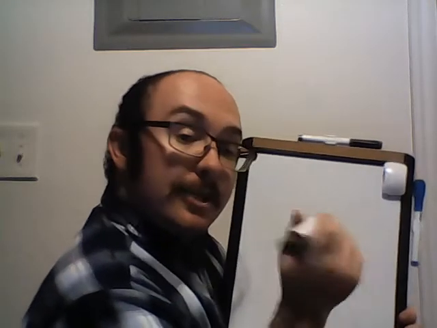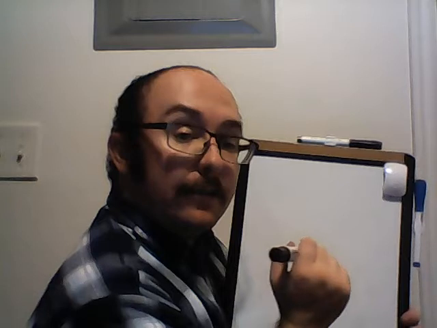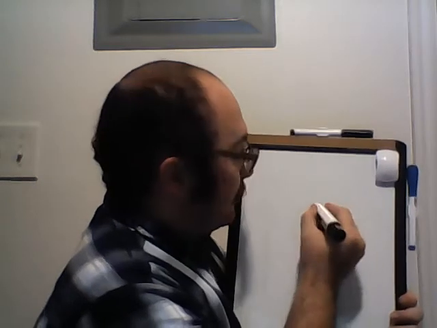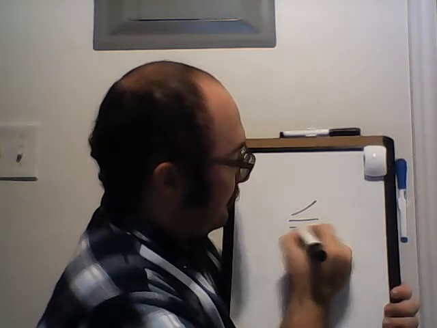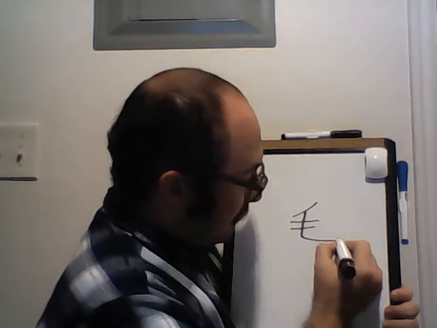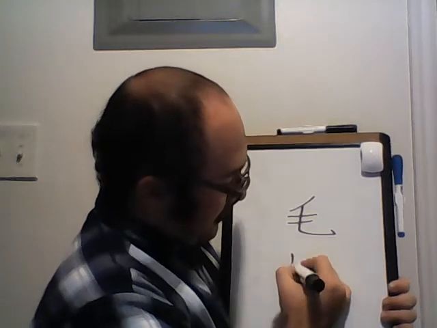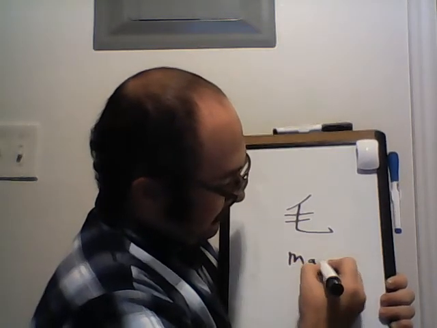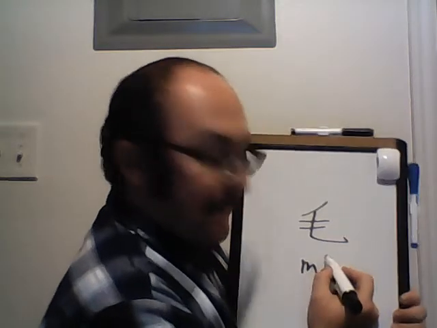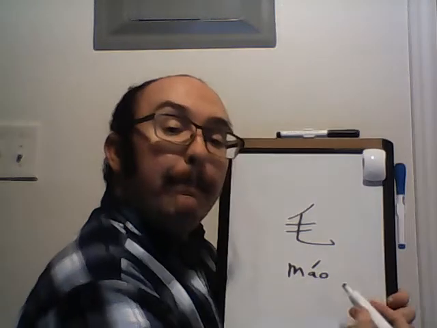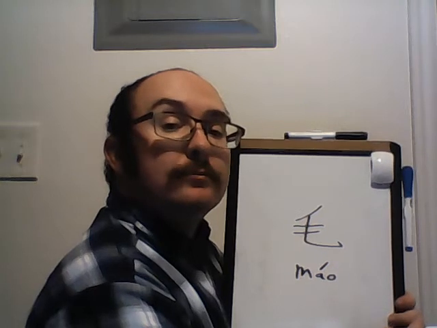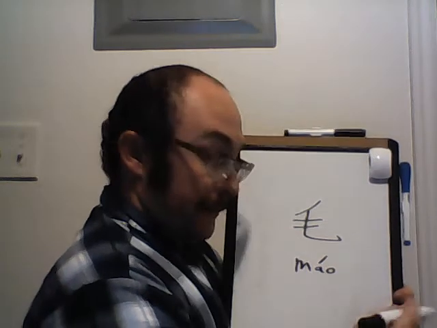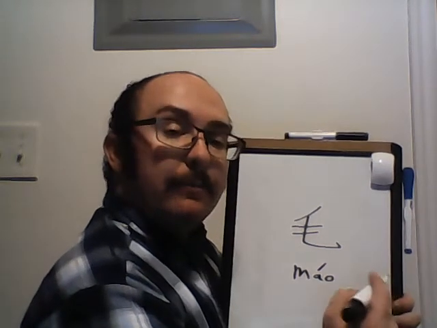Alright, so the two surnames that we're going to learn today. What's nice is neither of these has a simplified form. The first one is Mao, as in Mao Zedong.